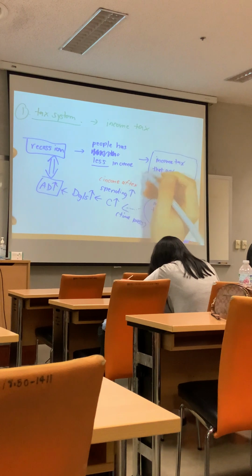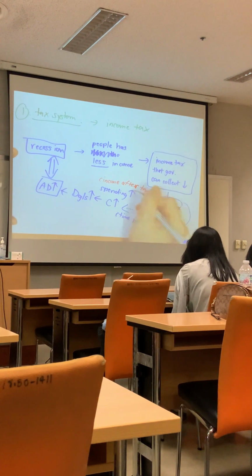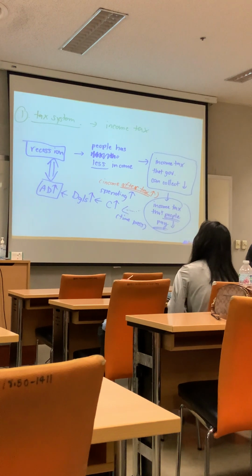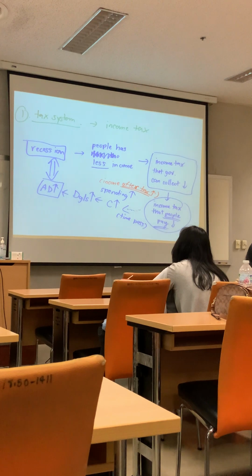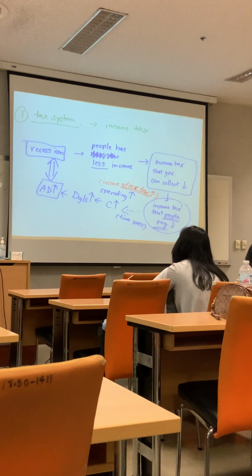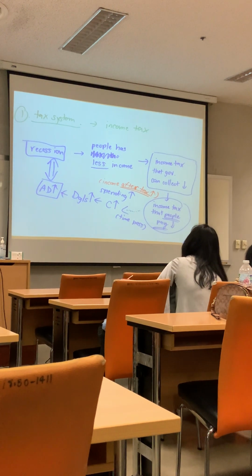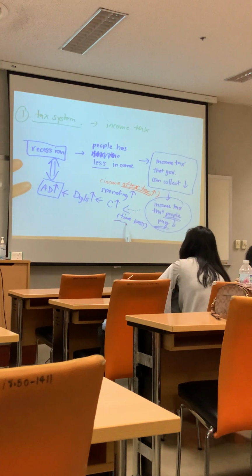Income after deducting tax increases. So you start to spend again, consume more, and aggregate demand will go up automatically. But we need some time to adjust, right? It does not happen immediately.